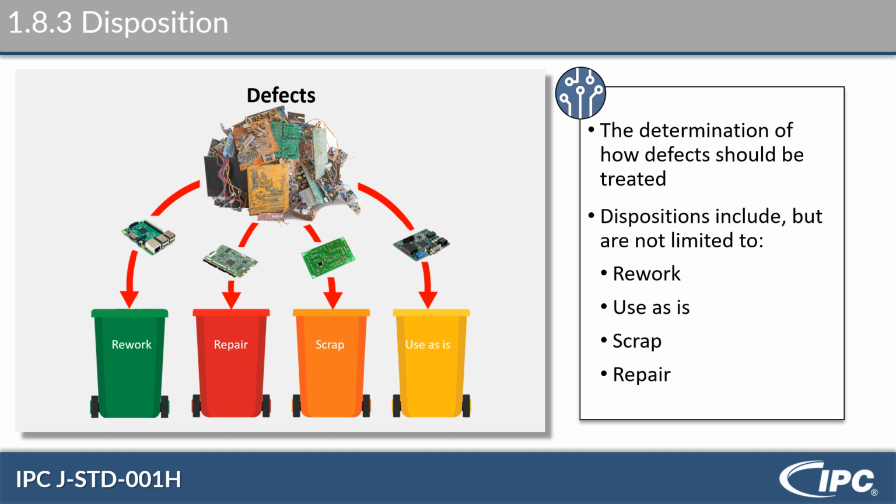You might as well just throw it in the garbage. You're not going to spend $10 in labor hours to fix a $5 part. They'll just toss it. And use as is is when, you know what, yes, there's a scratch in the surface, but engineering has looked at it and they've determined that it's fine. That would be a use as is. But they better document it, just in case.